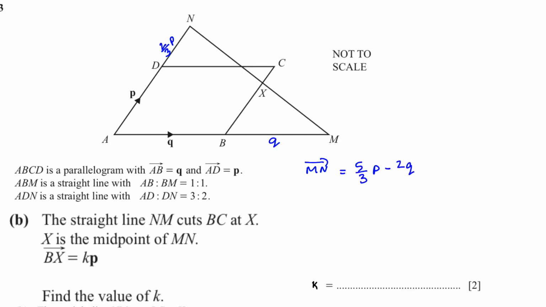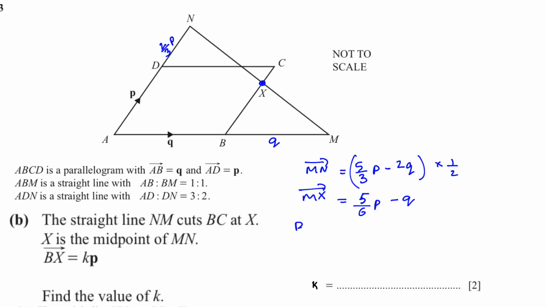And you have to find now MX, the midpoint. Midpoint, so you are going to divide this by 2 or multiply by half. And when you do that, you will get MX is 5/6 P minus Q.